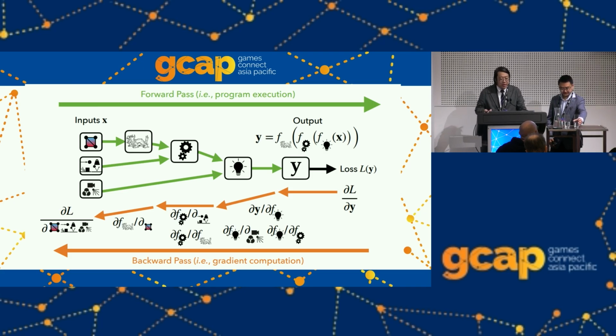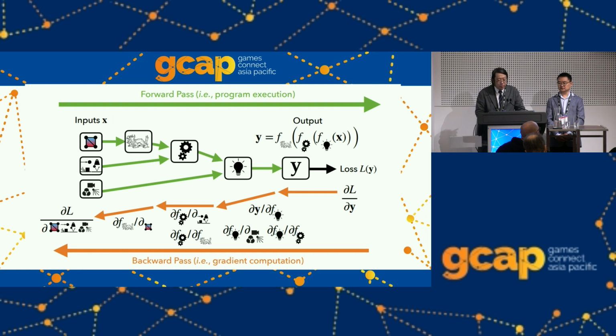The backward path is a step unique to differentiable rendering. It involves computing the output gradient with respect to the input parameters from the forward path. The gradient is used to optimize the input parameters in a loop, approaching the target image result.